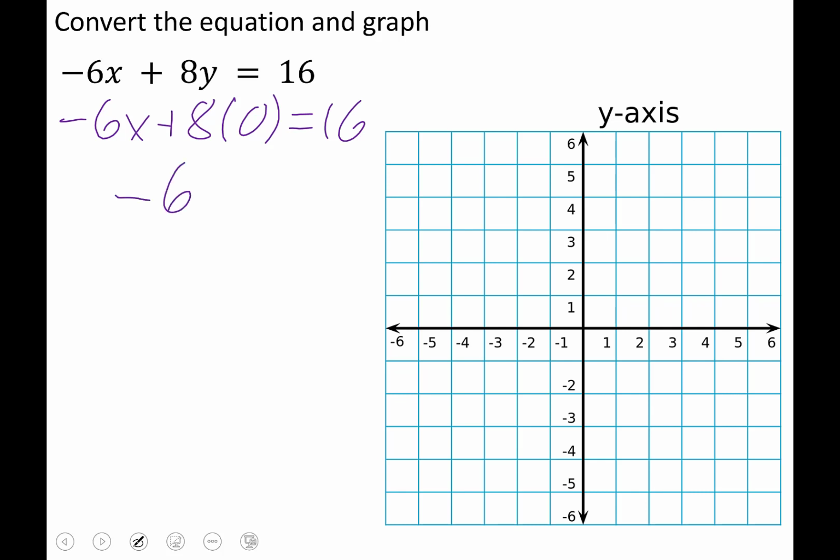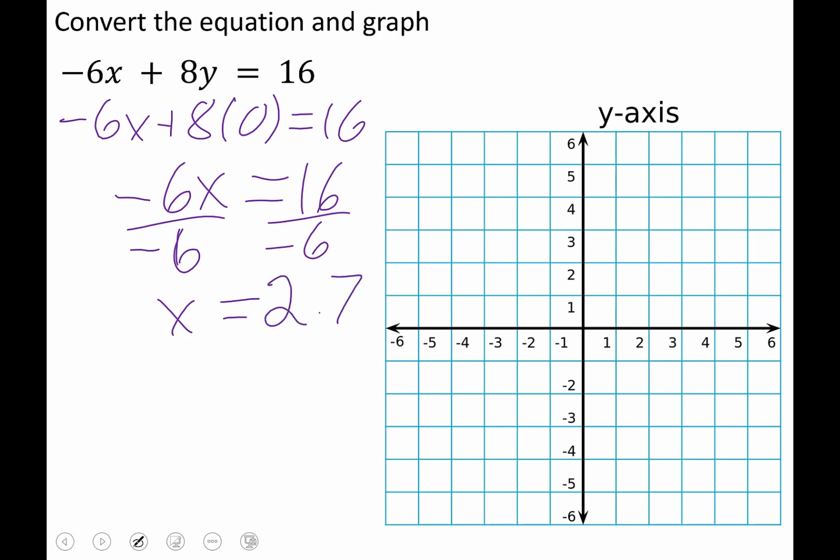leaving me with negative 6x equals 16. Divide by negative 6, and I get x is equal to, well, let's see, negative 16 divided by 6 is a repeating decimal, so we'll say approximately 2.7.